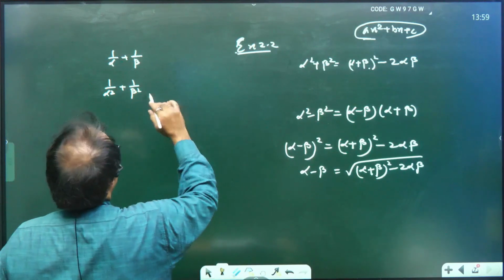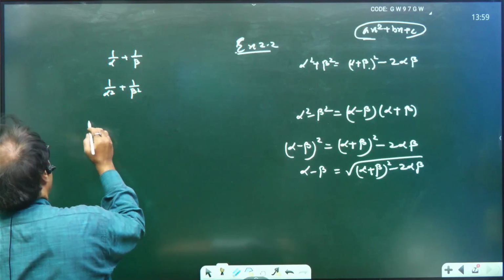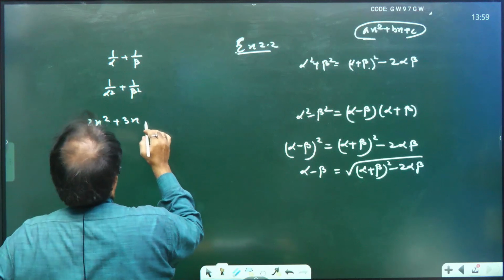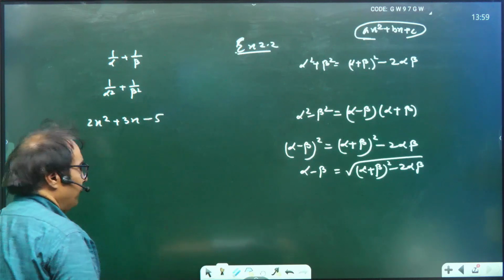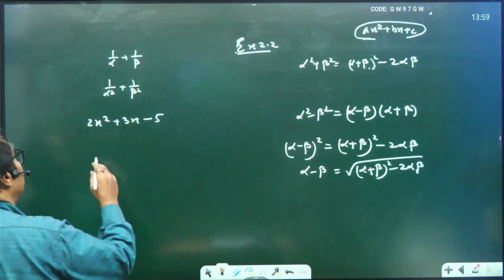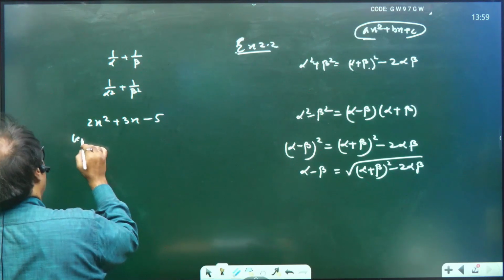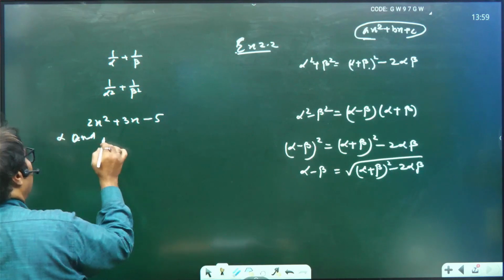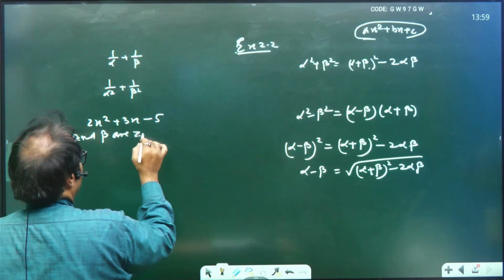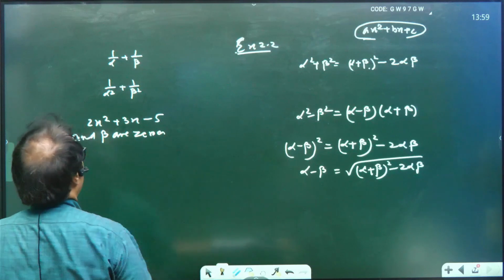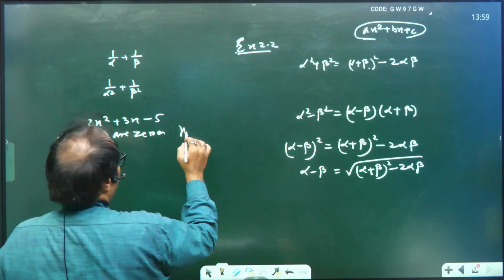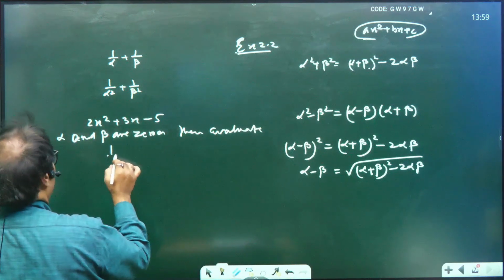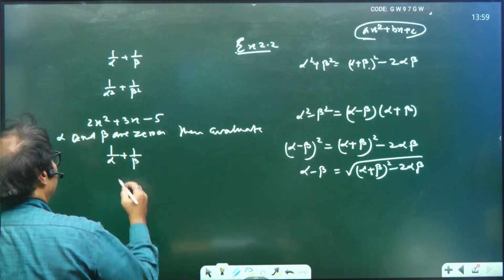Suppose the question is: given 2x square plus 3x minus 5, and alpha and beta are the zeros of this quadratic polynomial, then evaluate 1 upon alpha plus 1 upon beta.